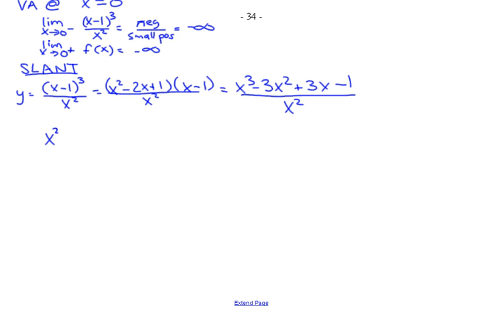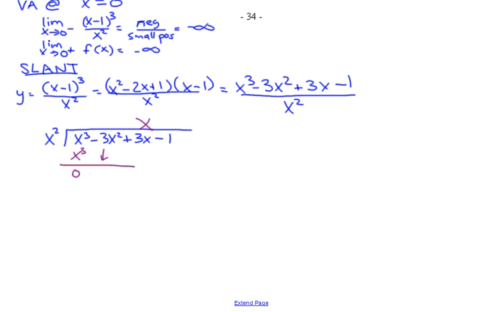Okay, finally we can long divide. What times x squared gives you x cubed? x. Okay, so x cubed. Well, that's it. Subtract, it's 0.